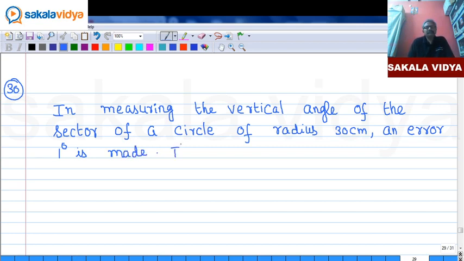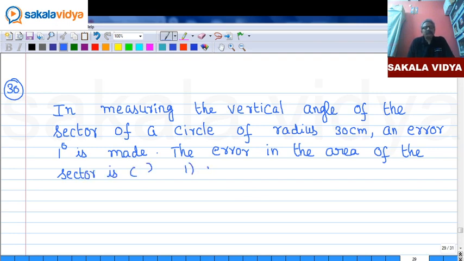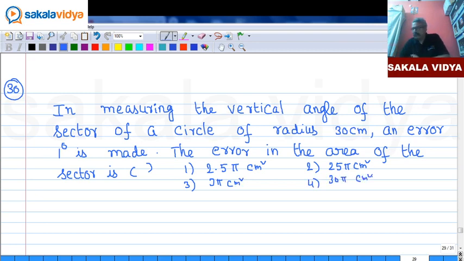The error in the area of the sector is: first option 2.5 pi centimeter square, second 25 pi centimeter square, third one 3 pi centimeter square, fourth one 30 pi centimeter square. This is the problem.